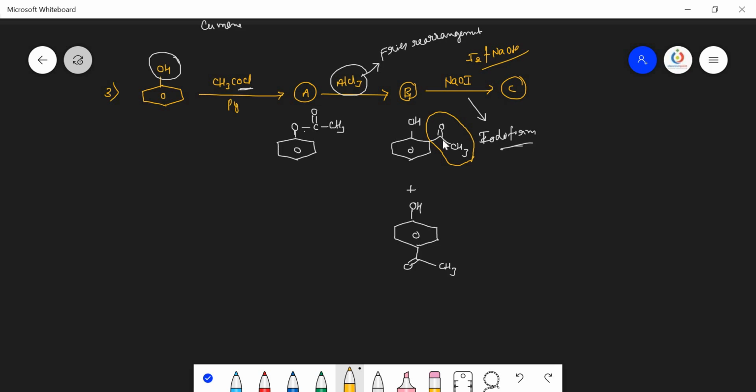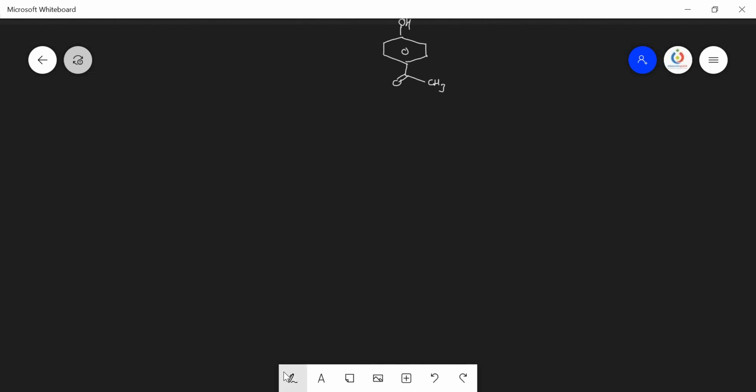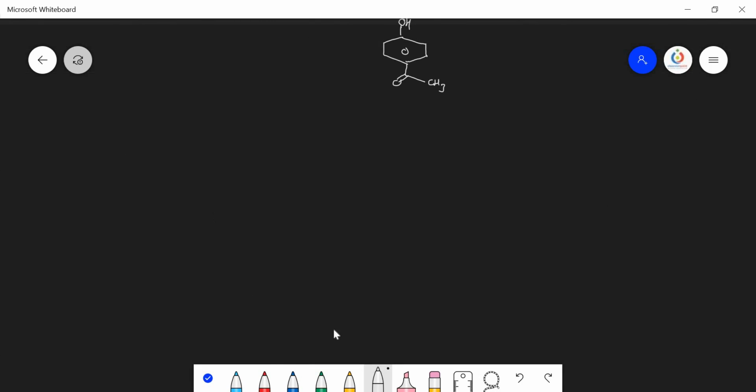They convert the CO group into the CO minus group and the CH3 group into CHI3. So the product here is sodium salicylate plus CHI3, iodoform.